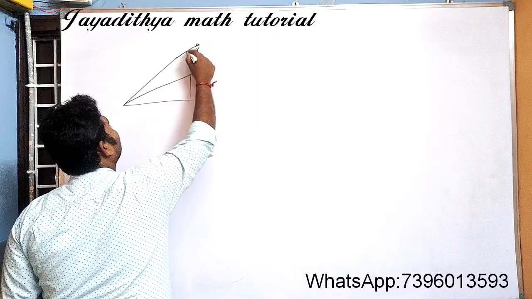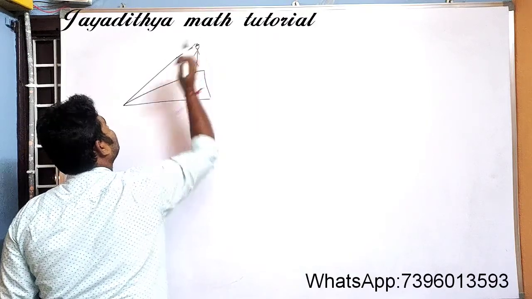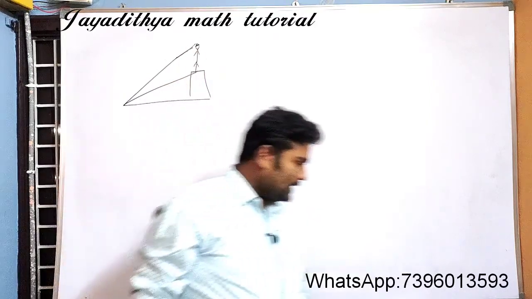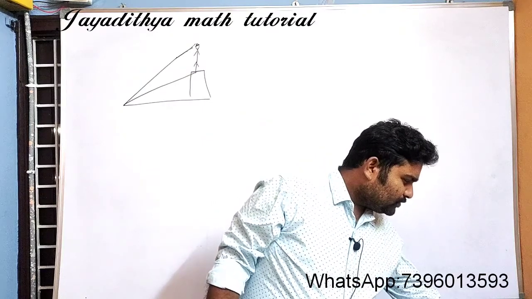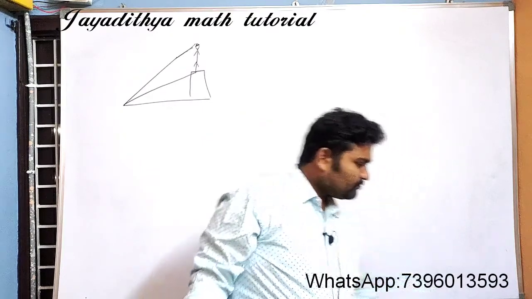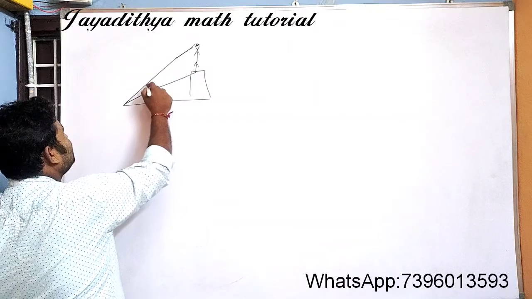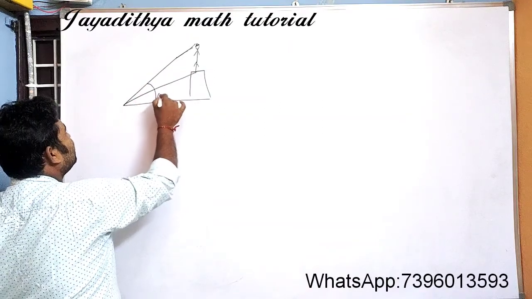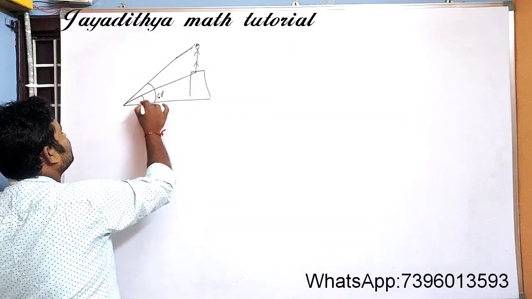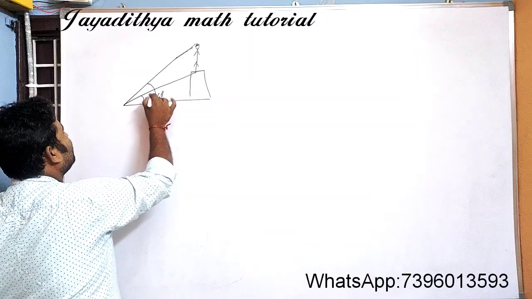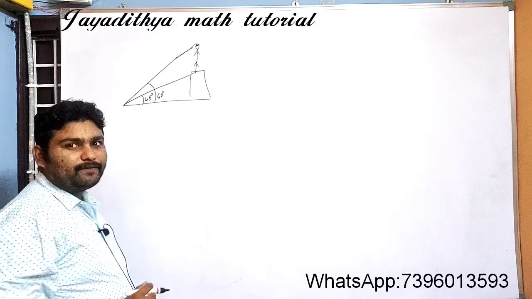So what are those two angles? Let us write here. The angle to the top of the statue is 60 degrees, and the angle of elevation to the top of the pedestal is 45 degrees.